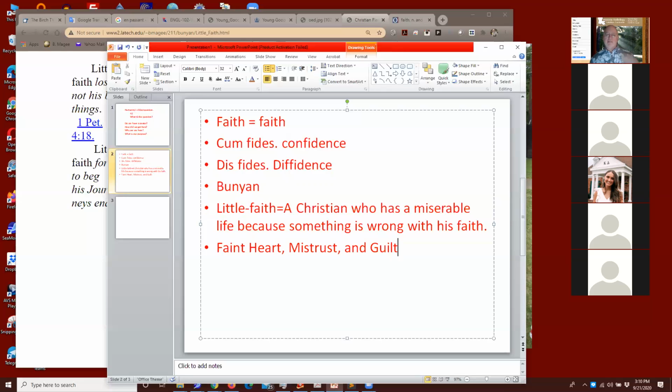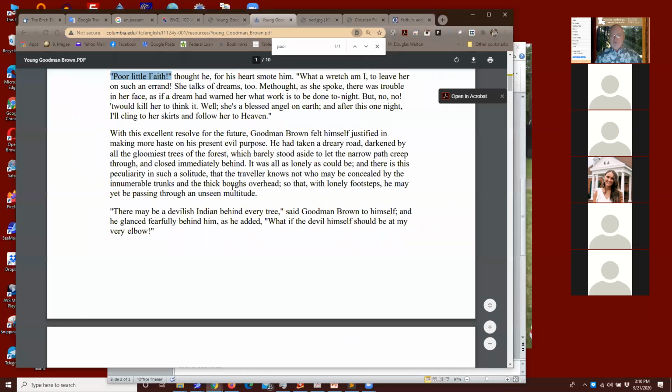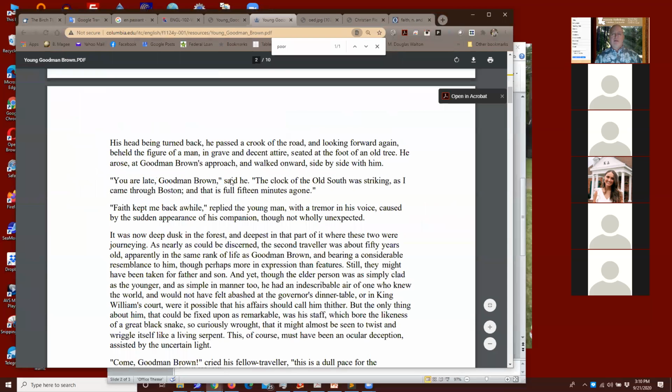So, you know, that's the literal level. What does that mean for the Christian? That's a Christian whose faith has been undermined because that Christian is faint-hearted, that Christian is mistrustful, and that Christian feels guilt, lingering guilt. So what do we find about young Goodman Brown when he comes back home?